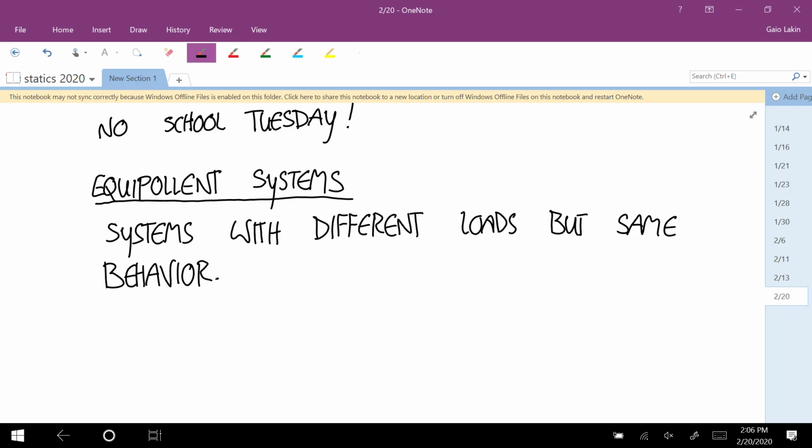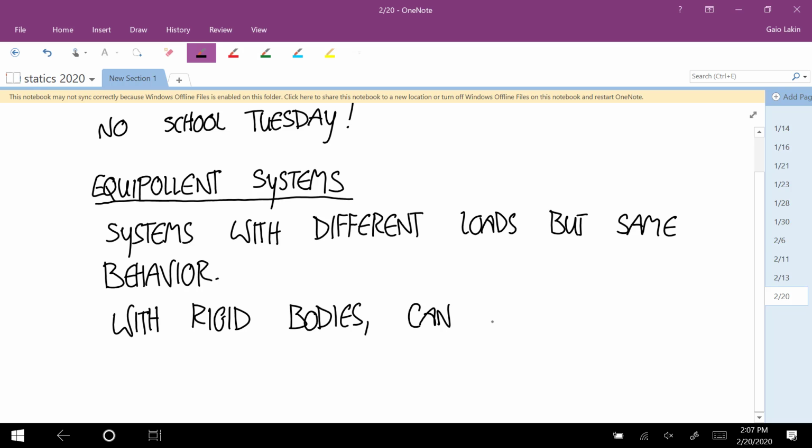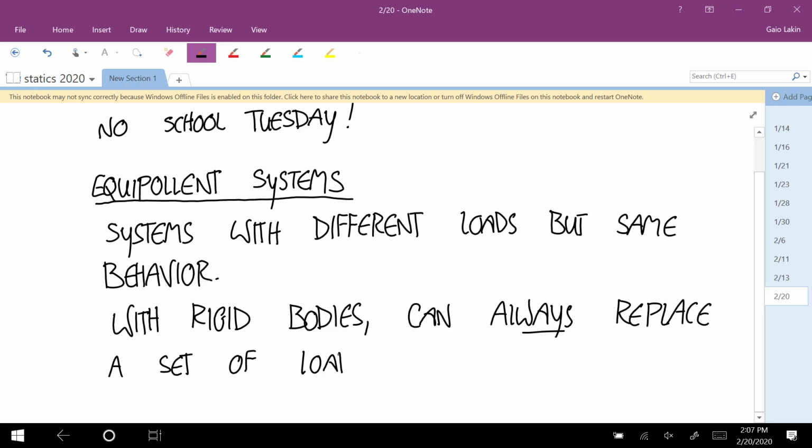And so with rigid bodies, you can always replace a set of loads with an equipollent set of loads.